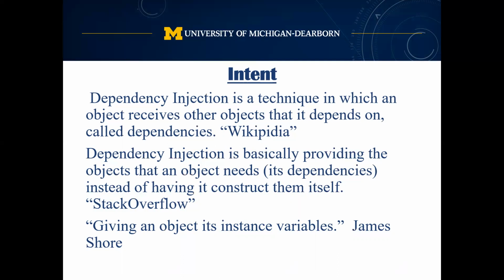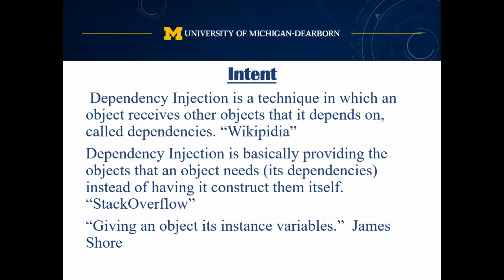Another definition I found on the website Stack Overflow says dependency injection is basically providing the objects that an object needs, which are its dependencies, instead of having it construct them itself.